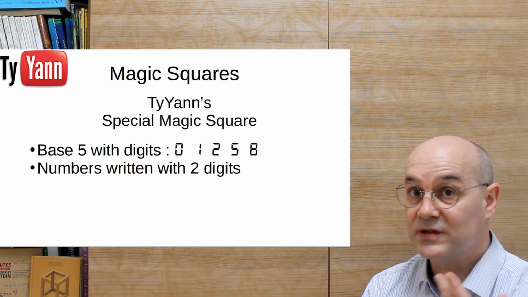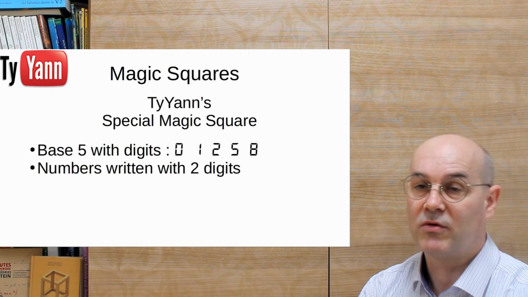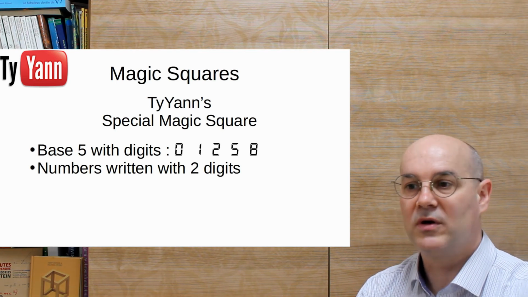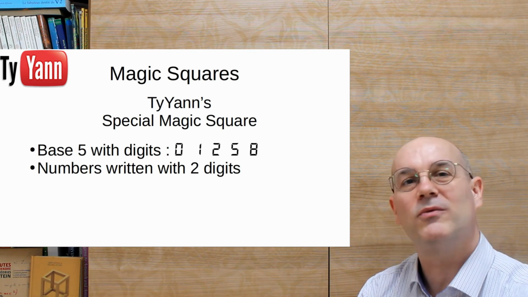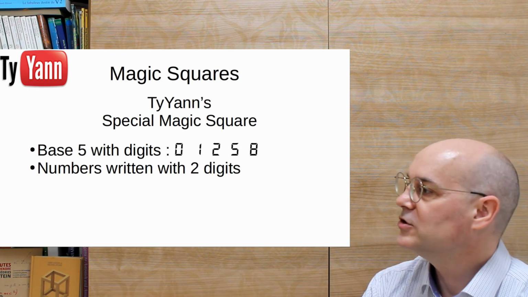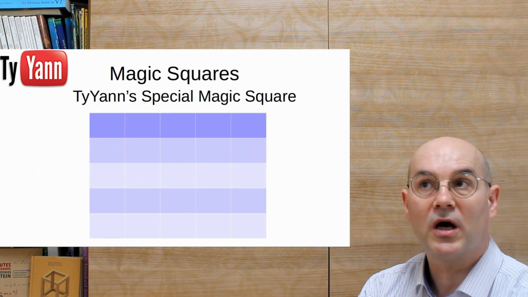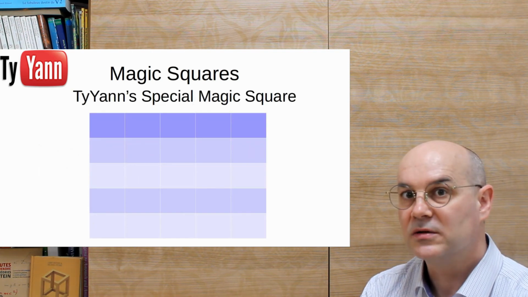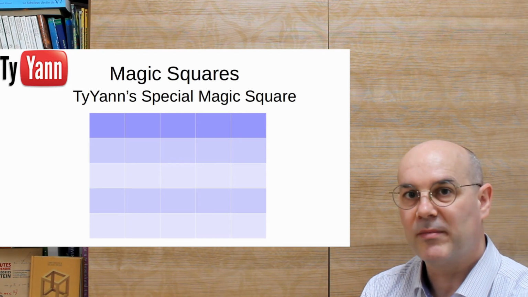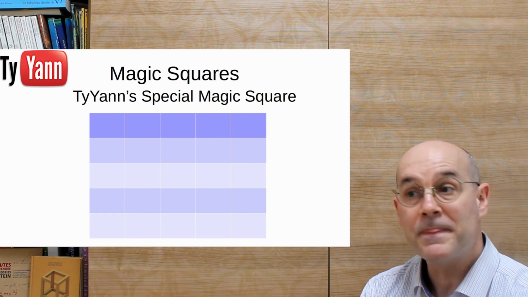So we start with 0, 0, 0, 1, 0, 2, 0, 5, 0, 8, 8, 0, 8, 1, 0, 1, 1, 1, 2, 1, 5, 1, 8, etc. So let's do this. For this one, remember we can start anywhere we want. If you don't remember, it's the second video on this series.